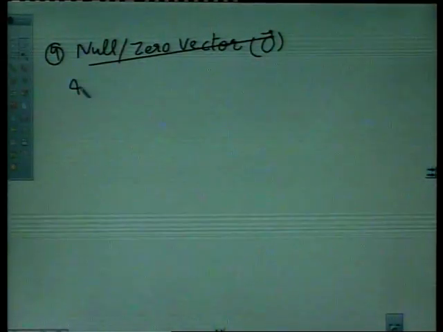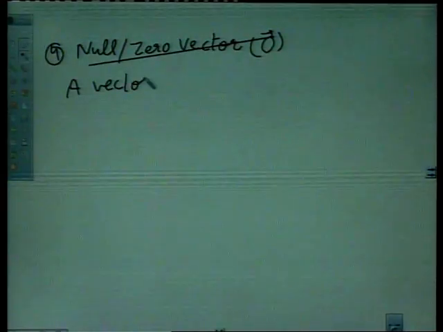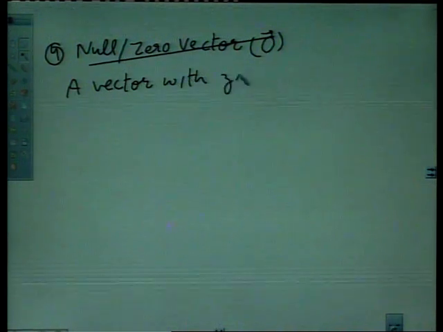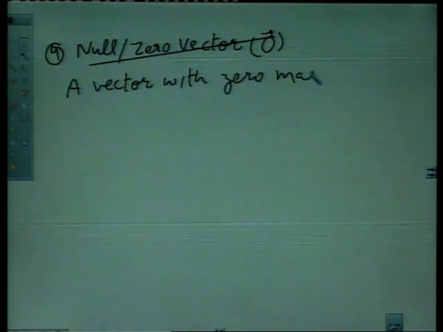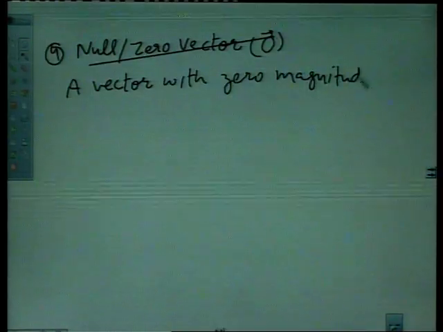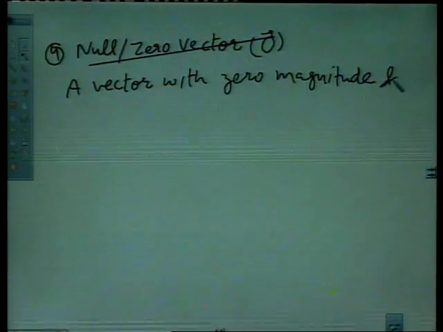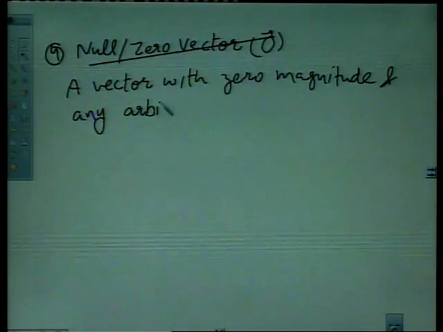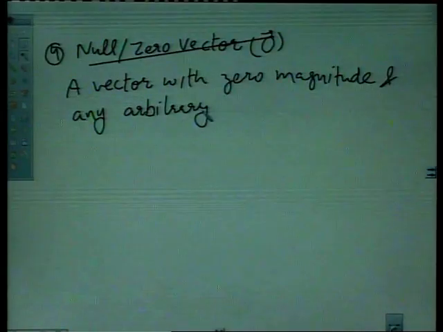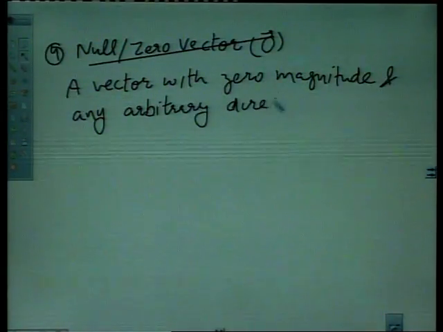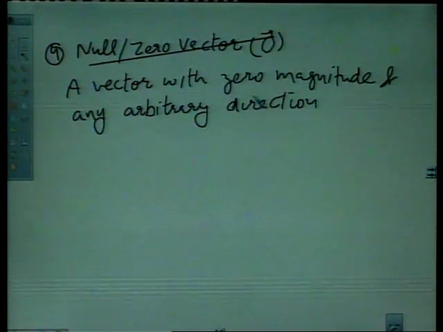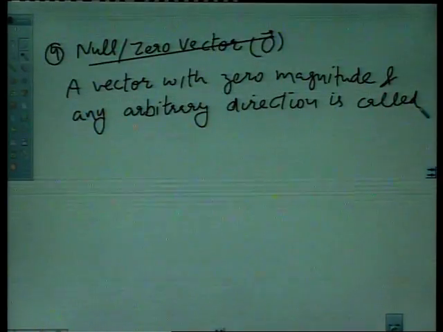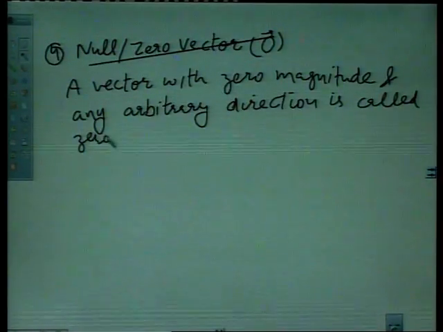So a vector with zero magnitude and any arbitrary direction is called a zero vector.